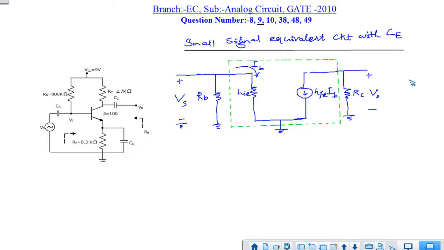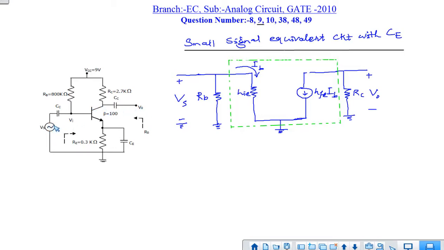So in the small signal equivalent circuit, the circuit will look like this. During small signal analysis, all the DC voltage sources will be short circuited, that is, this will be grounded, and all the capacitors will act as short circuits.